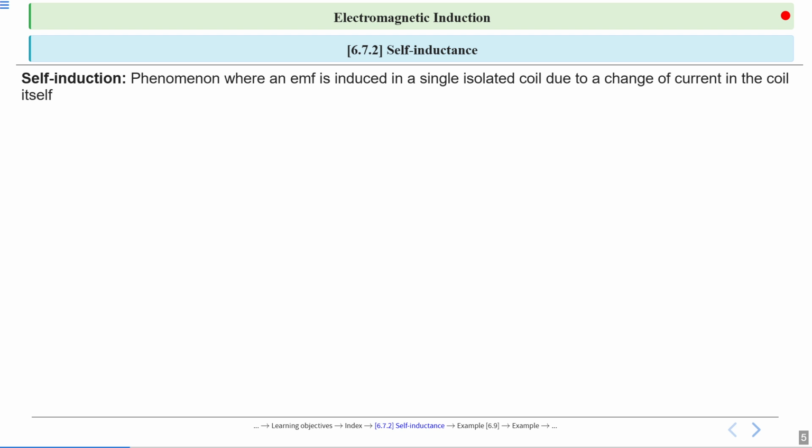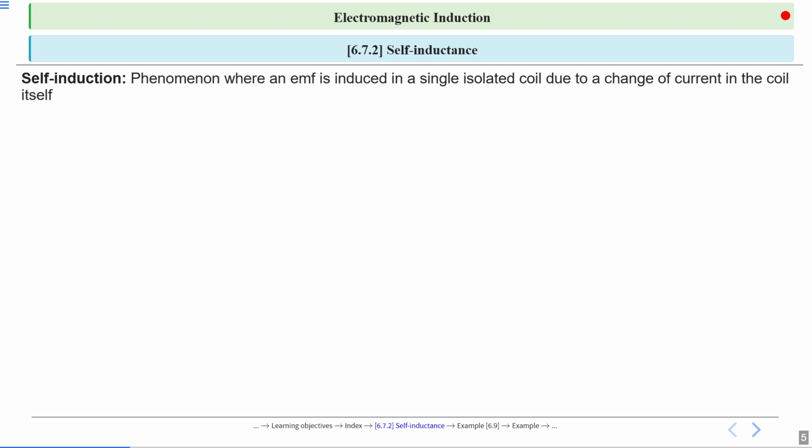So let's start with self-induction. What is self-induction? It is the phenomenon where an EMF is induced in a single isolated coil due to a change of current in the coil itself. In yesterday's lecture, mutual induction was the induction of EMF in one coil due to a change in current in another coil.